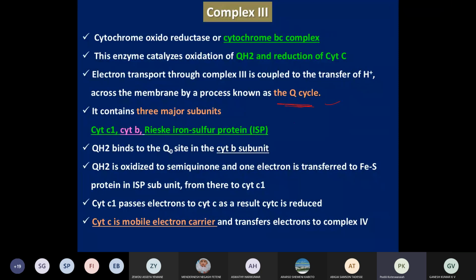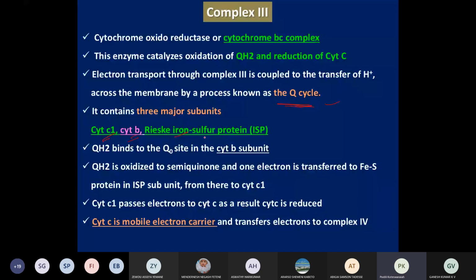This complex 3 contains 2 copies of the same enzyme, and each functional enzyme has 3 main subunits: cytochrome c1, cytochrome b, and the Rieske iron sulfur protein. Cytochrome c1 has 1 heme center, whereas cytochrome b has 2 heme groups, and the iron sulfur protein has 2 iron sulfur clusters.